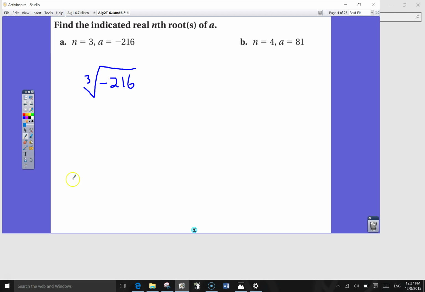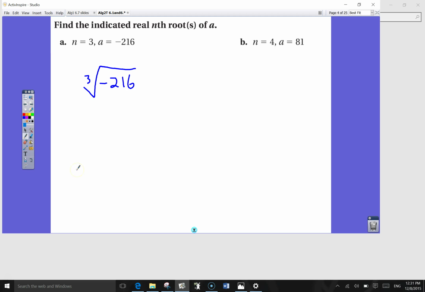You may not be familiar with your perfect cubes. And if you're not, it might be worth it to make a table of the perfect cubes until you're more familiar with them.